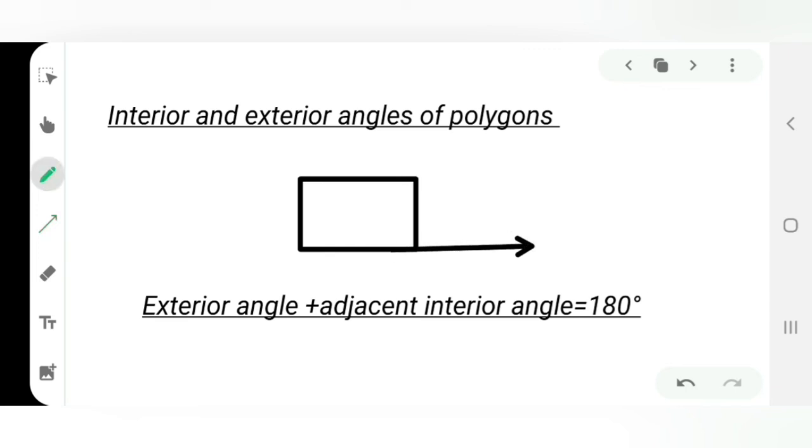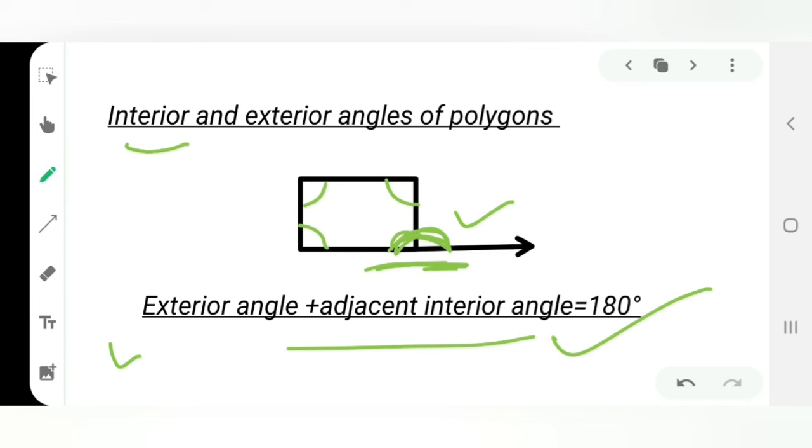If we are extending this side, all these angles which are inside the polygon are the interior angles, but this angle which is outside this figure is called the exterior angle. And you can see clearly that the adjacent interior angle and the exterior angle are completely making a straight angle which is equal to 180 degree. So you can say that exterior angle plus adjacent interior angle is equal to 180 degree.